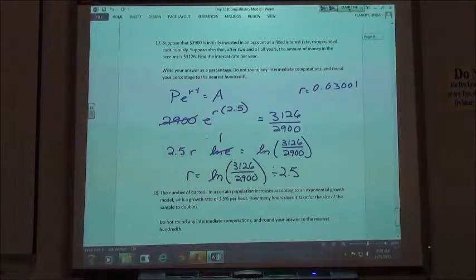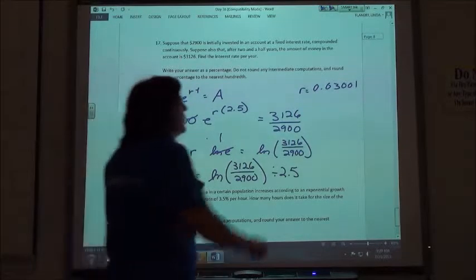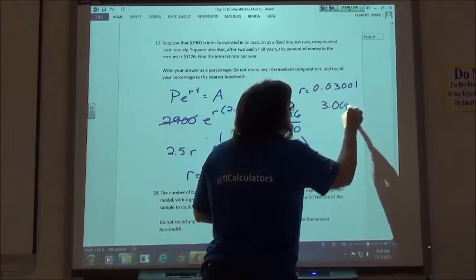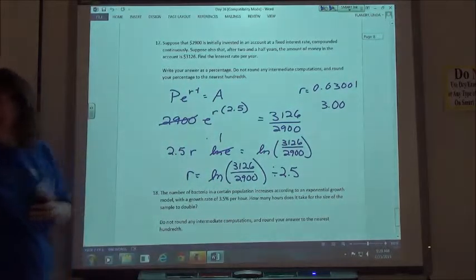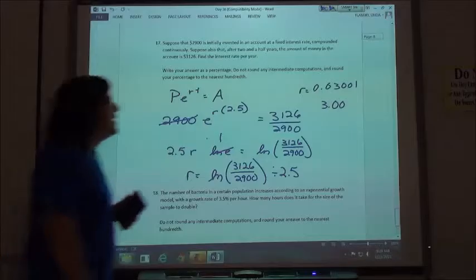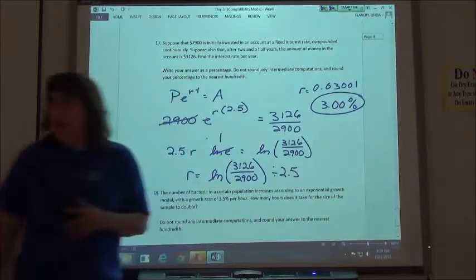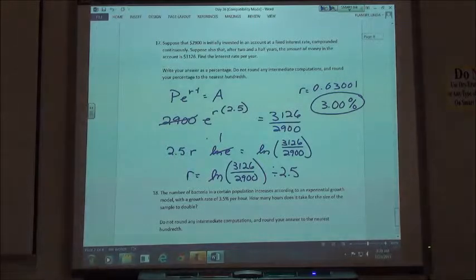We want it as a percent, so we still need to change it to a percent and then round it off to the nearest hundredth. So if I change it to a percent, I'm going to have 3.00. Since there's a 1 behind that, I don't have to round it up. But again, since it says round to the nearest hundredth, they're probably going to show to the hundredth spot instead of just saying 3%.